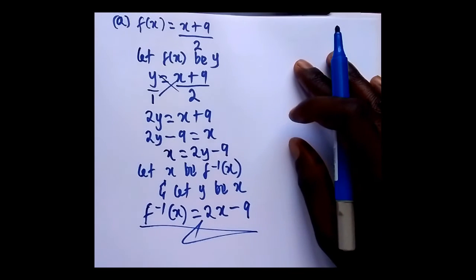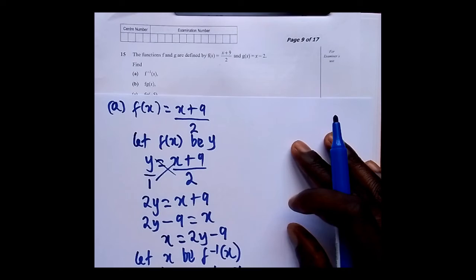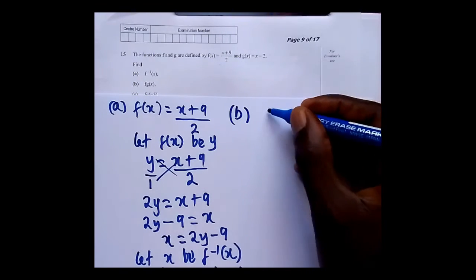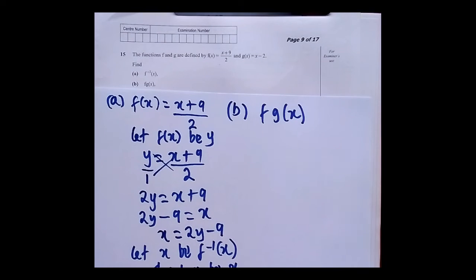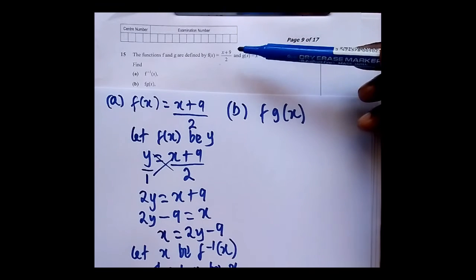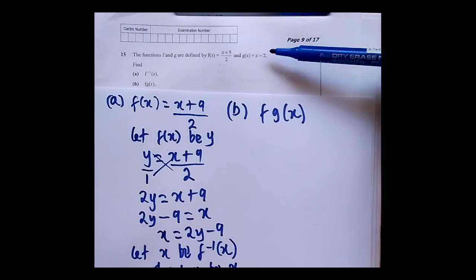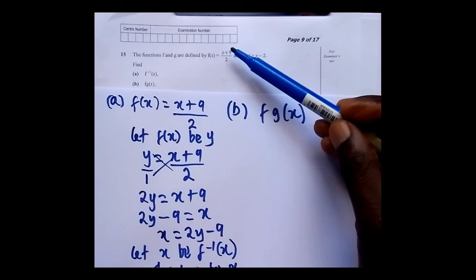Then now we're going to go to the second part, part B of this question. What we just want on part B is fg of x. To find fg of x, what this means is that we are going to substitute the function g of x, which is x minus 2, into the function f of x, (x plus 9) over 2.